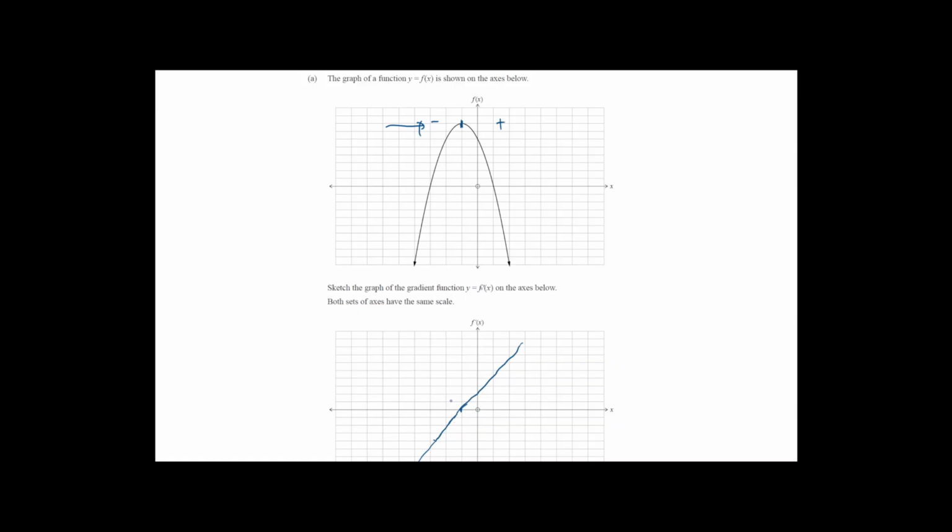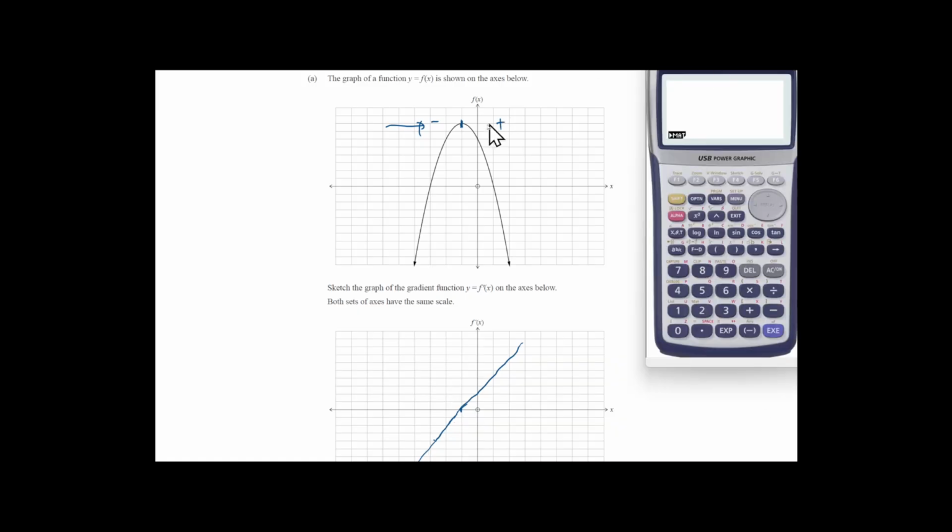Okay, but I just want to show you a little trick. How could we find the actual equation of this parabola? So grab your calculator, go to menu. I'm going to go to stat mode, and I'm going to do a quadratic regression. So I need 3 points. So we've got 3 points. We've got negative 3, and then negative 1, and then positive 1.